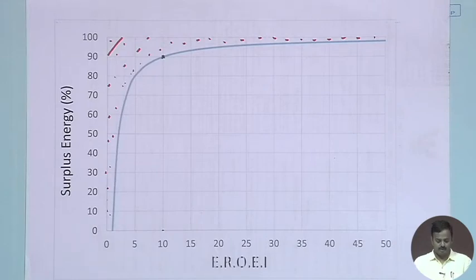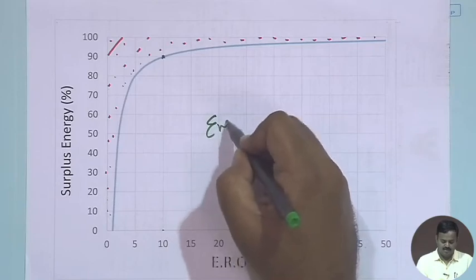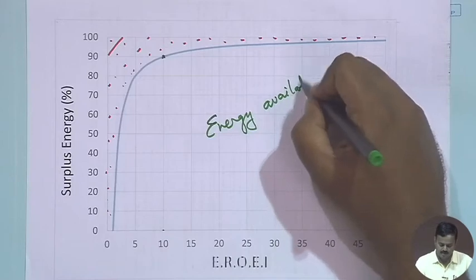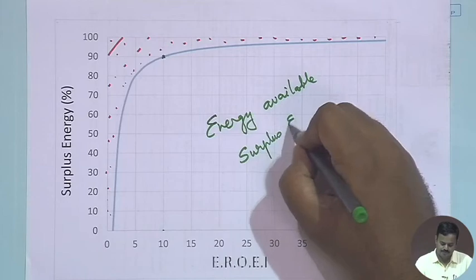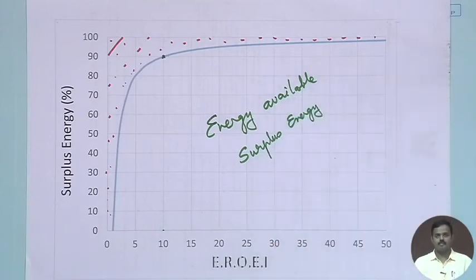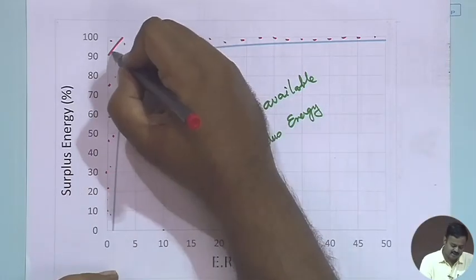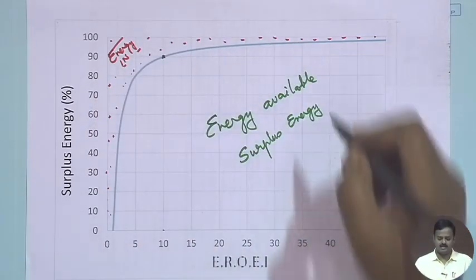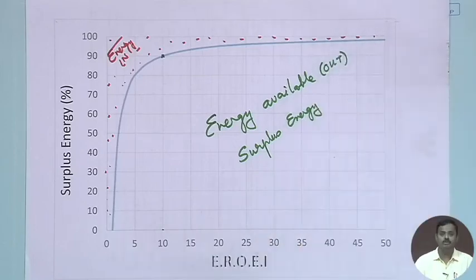And what is under this plot is the energy available, or surplus energy. So, this again is energy in, and this is energy available, or energy out.